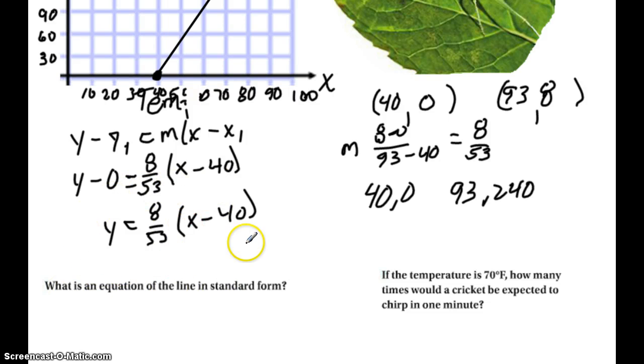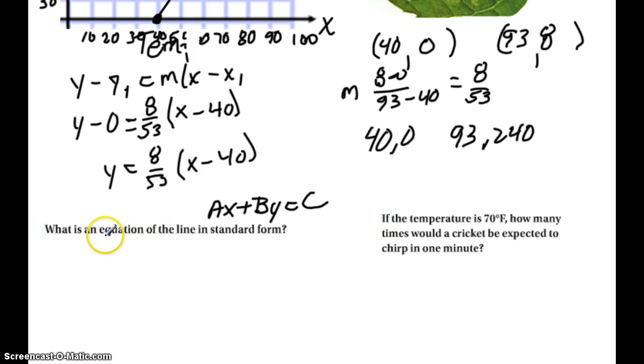So let's go from this point-slope form to a standard form, which remember is ax plus by equaling c. So what we're going to do is actually do that distribution. So let's go ahead and distribute 8/53 here. Four times 8 is 32, add a 0.